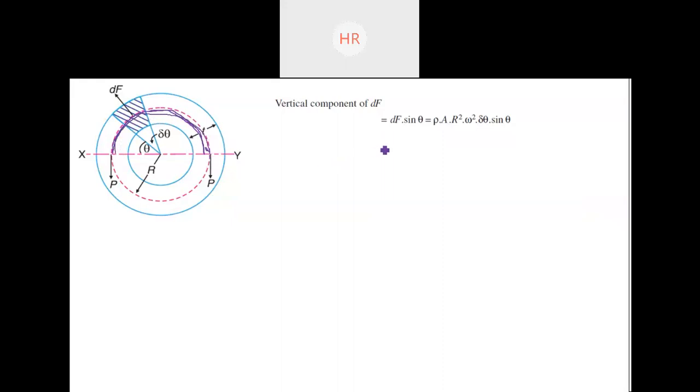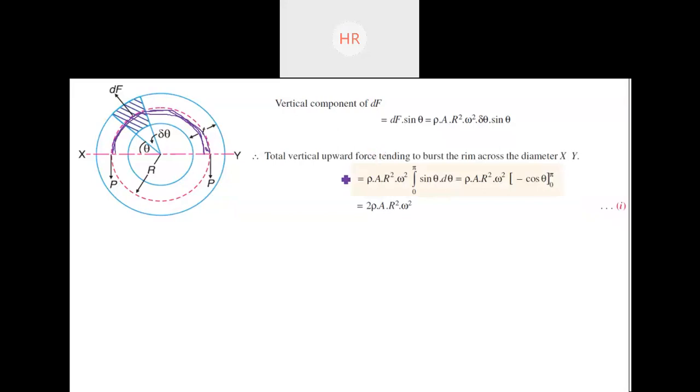So the total vertical upward force tending to burst the rim across the diameter XY, as I showed in the previous slide. So I have to take integration from 0 to pi to find the total force acting on the upper half portion of this flywheel.